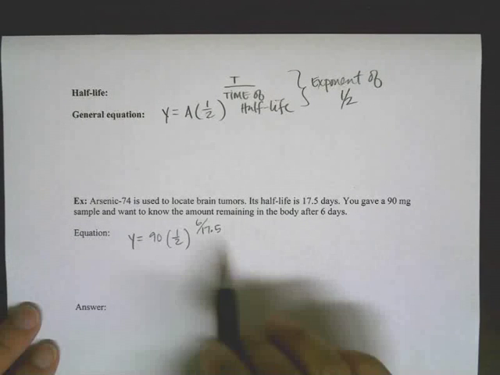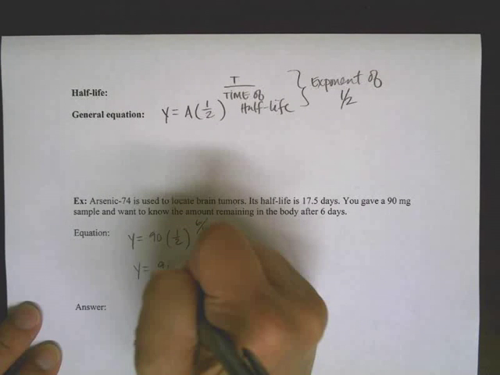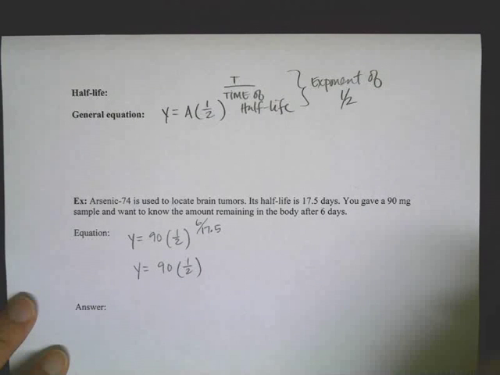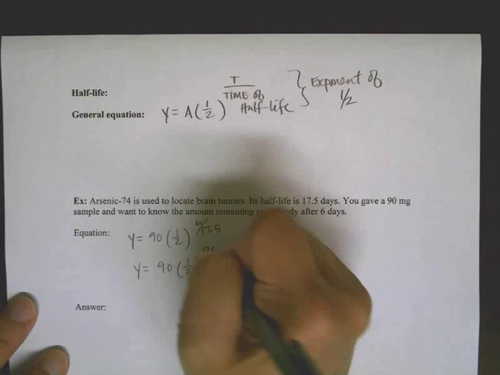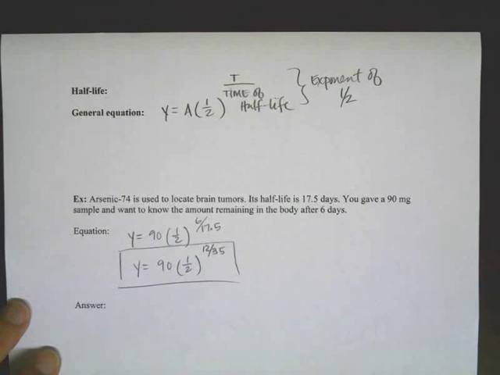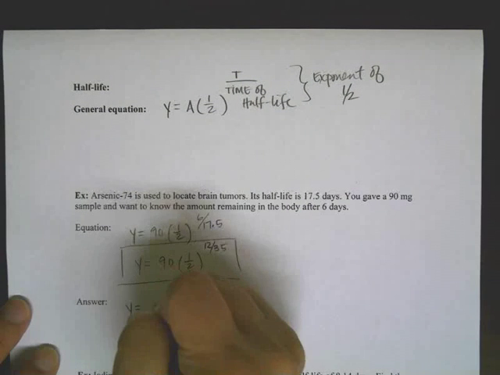Now, you can't really have double fractions, and a decimal is like a fraction. So on your calculator, you're going to change that to a regular single fraction. So 6 over 17.5 is the same as 12 over 35. So this is the equation that I would want to see. And then you're just going to type it all in and round to 2 decimal places.